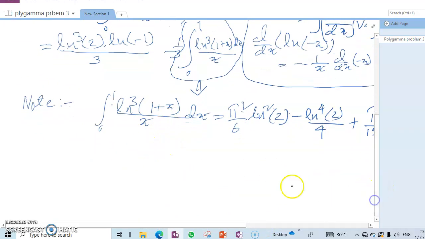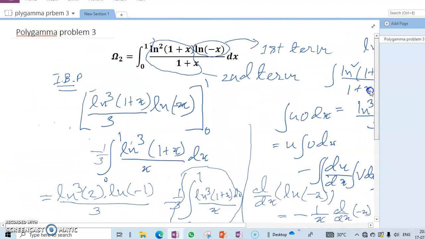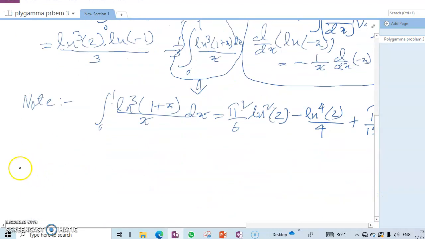So I can write my integration as omega 2. Omega 2 can be written as i pi, because ln(minus 1) is equal to i pi.